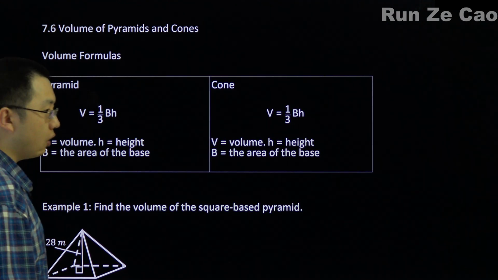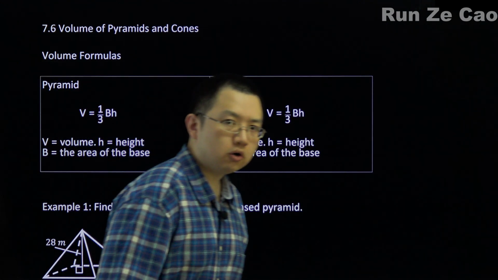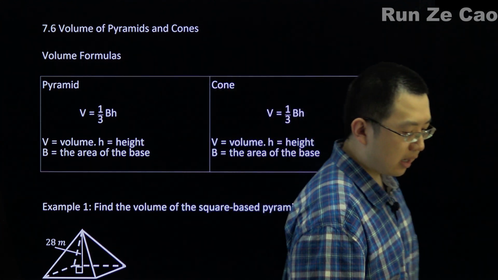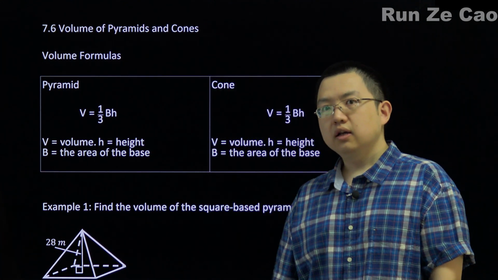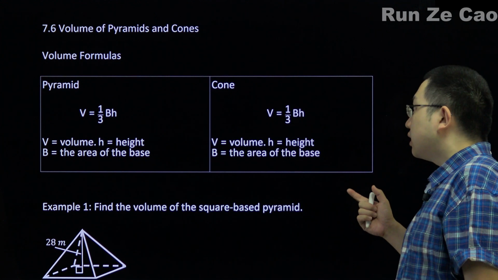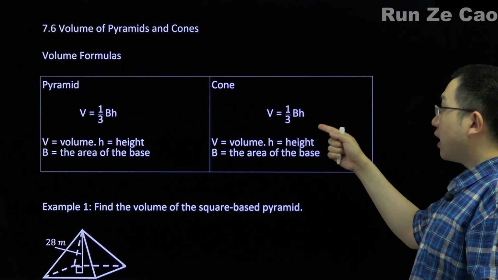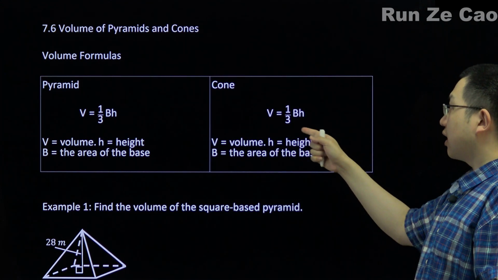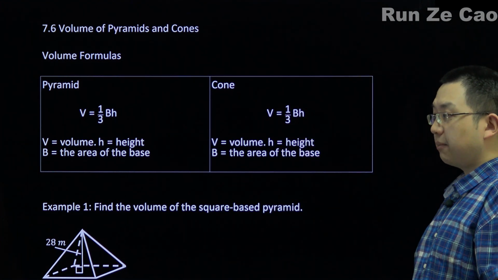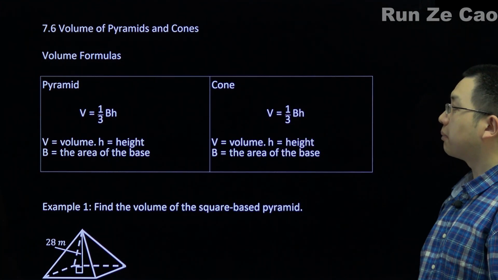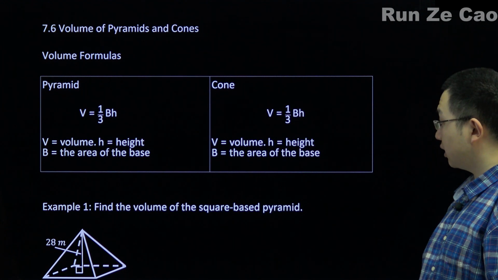Because a circle can be considered an infinite-sided regular polygon, a cone ends up having the same volume formula as a pyramid. It's 1/3 base area times height.